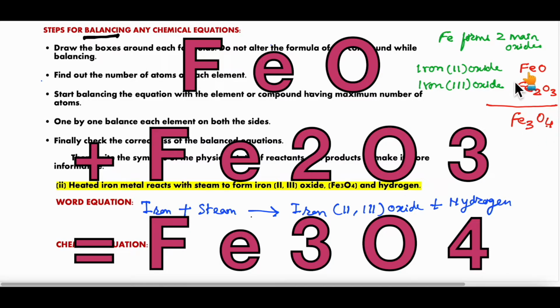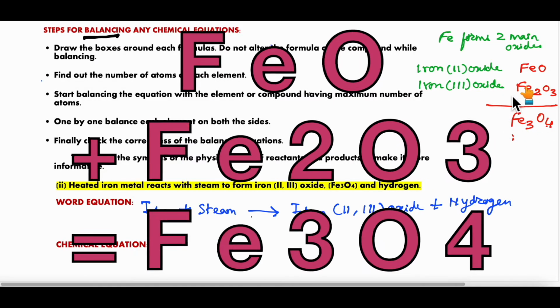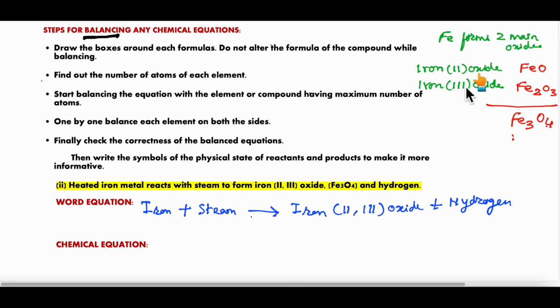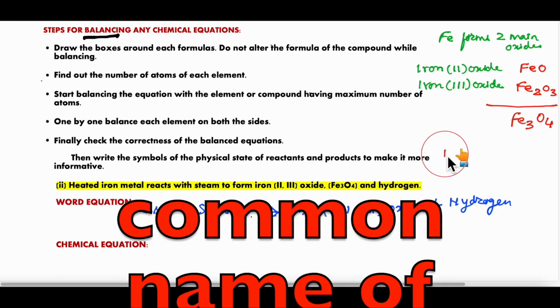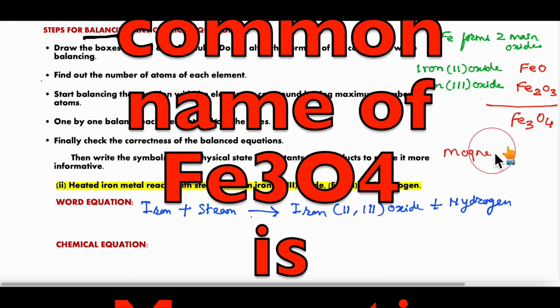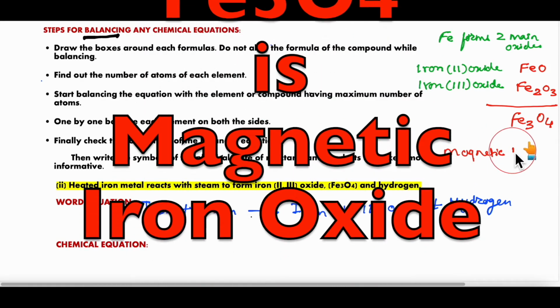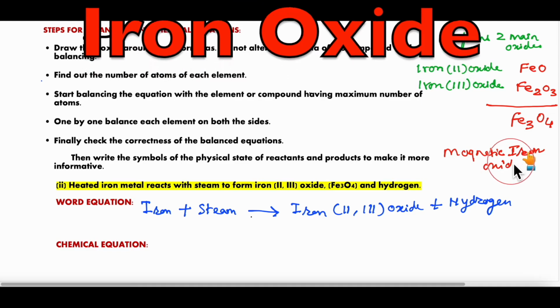And here 1 iron atom and here 2 iron atoms, so it makes Fe3, 3 iron atoms. So this Fe3O4 is named as iron 2,3 oxide, and the common name of this Fe3O4 is magnetic iron oxide.